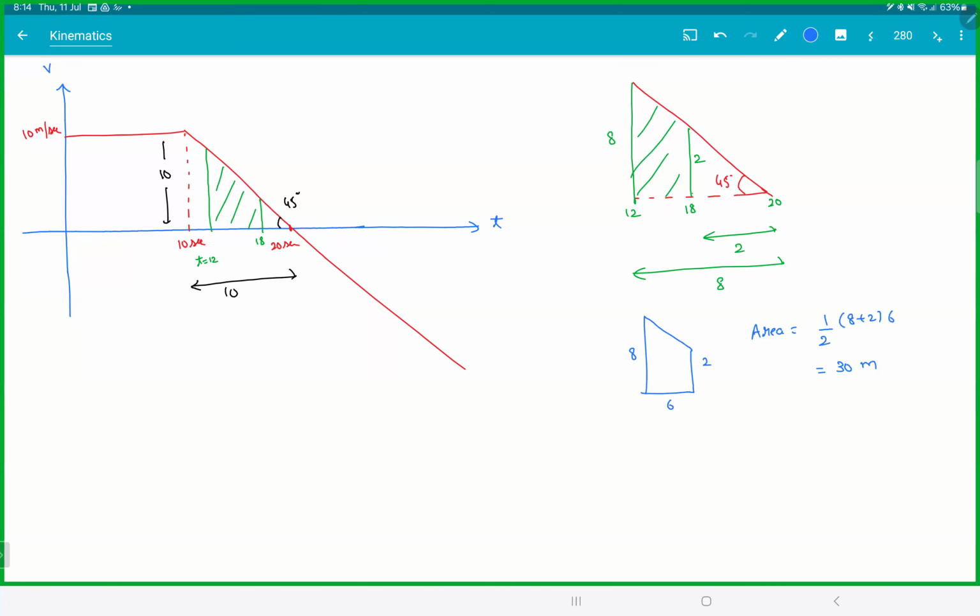What about the second question? Find the time when the displacement is 0. How do we do that? First part is right, second part is gone. Try. I'll give you a minute.